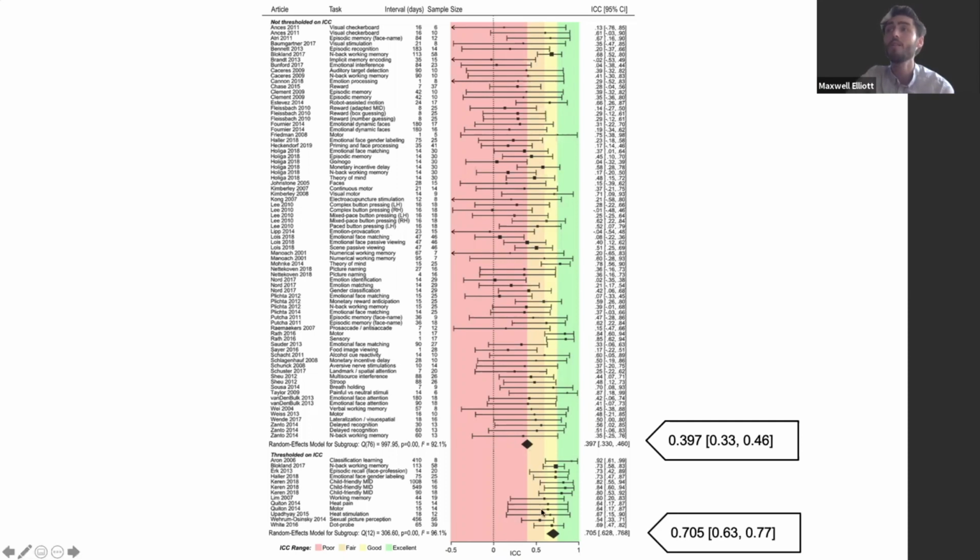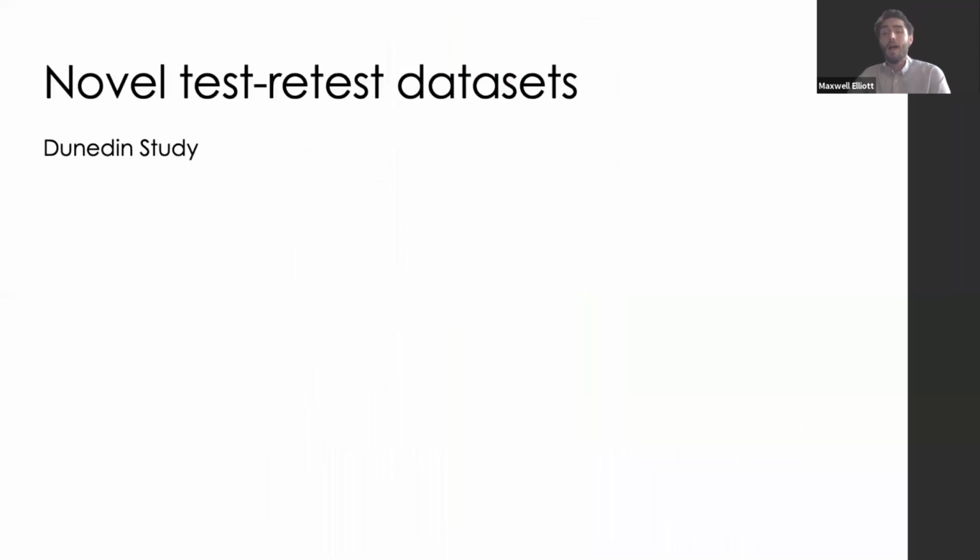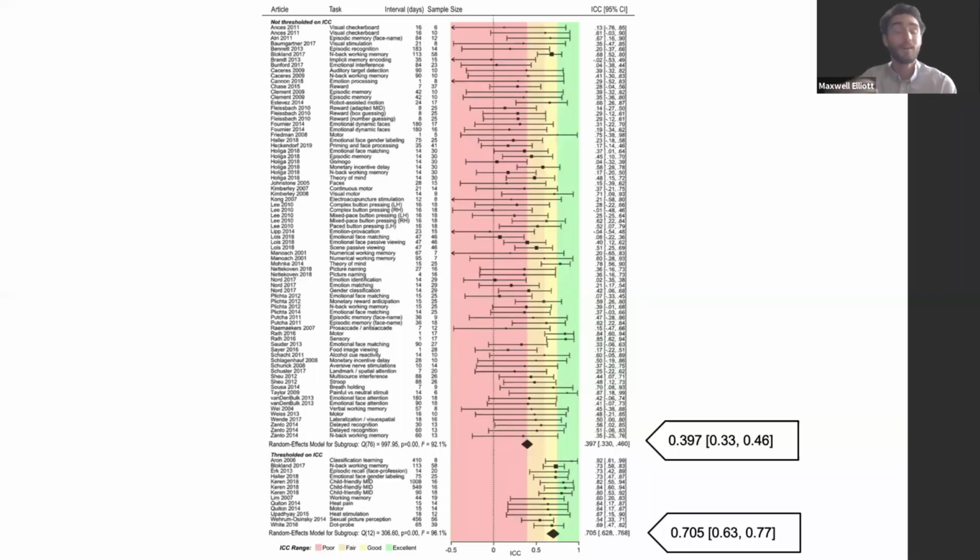And these studies that were thresholded, so the studies that threw out the low ICC values, had reliability estimates, or ICCs, of 0.7. So you can see that this inflation of the ICC occurred, as we expected. However, there's a ton of studies here, and there's lots of different tasks. These are not all the same tasks.